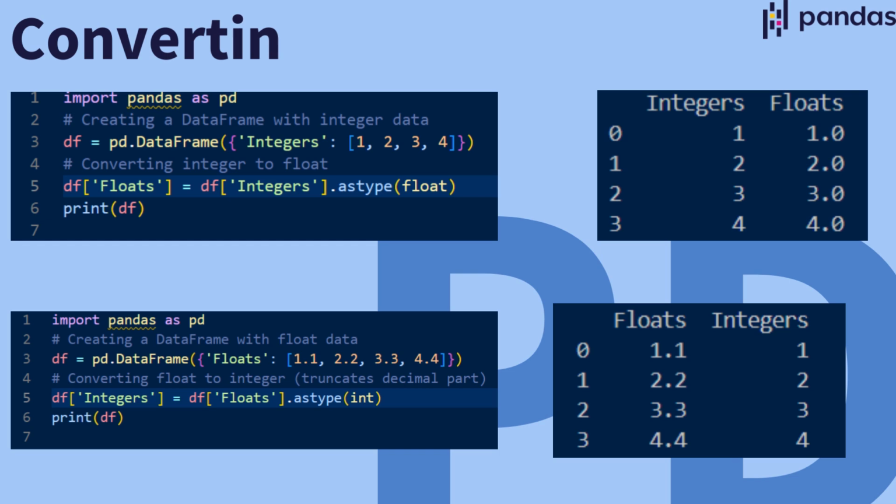Then I'm converting those integer values into float values using .astype, giving the type name. I'm giving float, and it will convert the integer values into floats, and then I'm assigning it into a float variable. Now if I print that, you can see it converts the integers into floats.